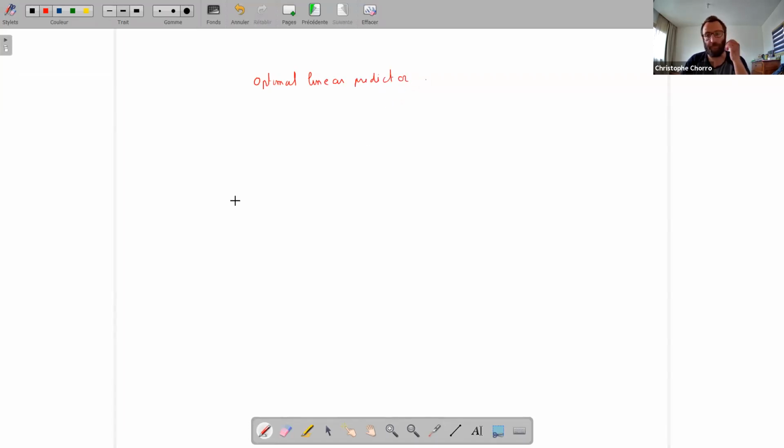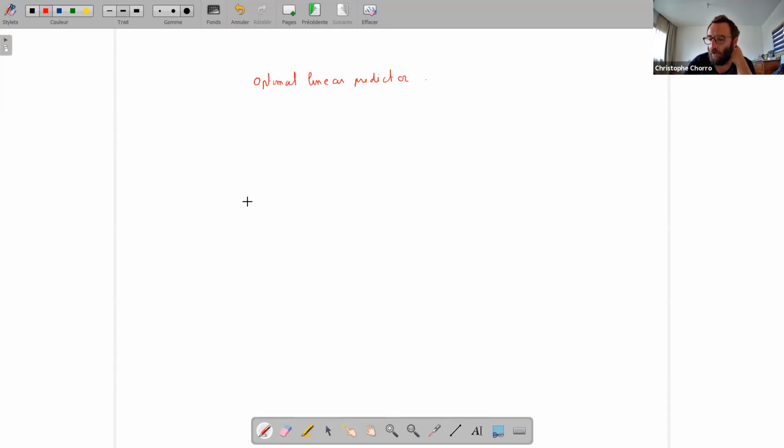Okay, so expectation is the best approximation of y by a constant. Conditional expectation of y given x is the best approximation of y by a function of x.